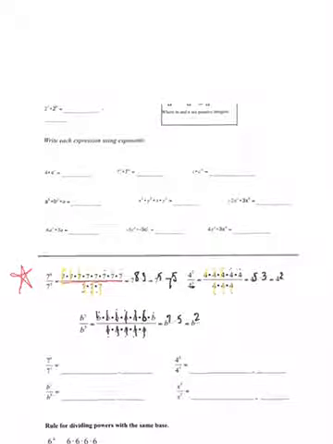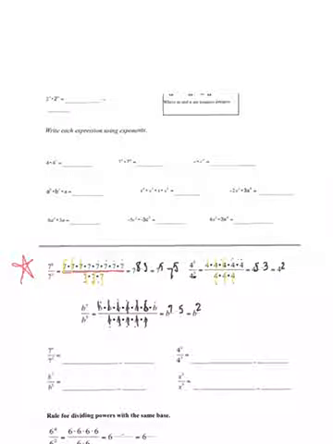So if you think about it, before, the rule with multiplication was that we add the exponents. Up here, 7 to the 5th times 7 to the 3rd was 7 to the 8th, or c to the 1 times c to the 4 was c to the 5th.